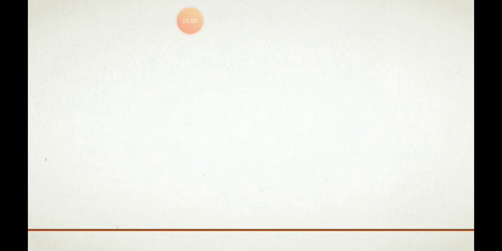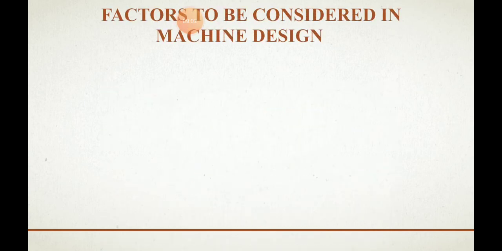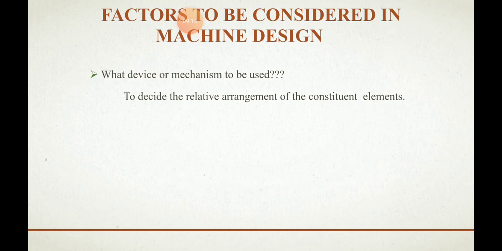Next, let us consider the factors to be taken into account when you start designing something, so that our design will be a successful one. Some of the factors are like the material.